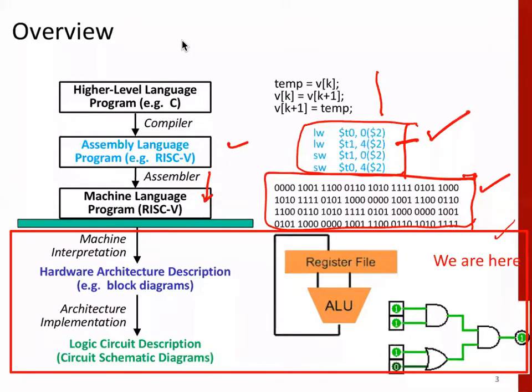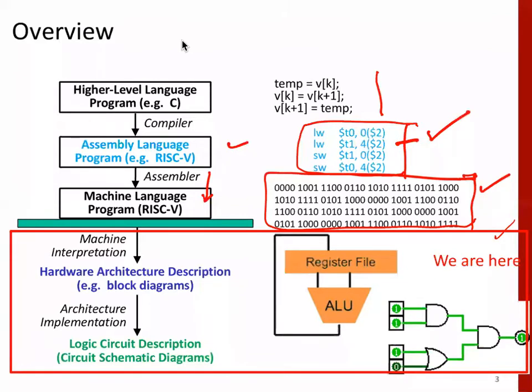What is left is how the underlying hardware, the microarchitecture, will interpret this sequence of zeros and ones. This is where the interesting thing comes, and this part of the course is really interesting, and you can appreciate it.